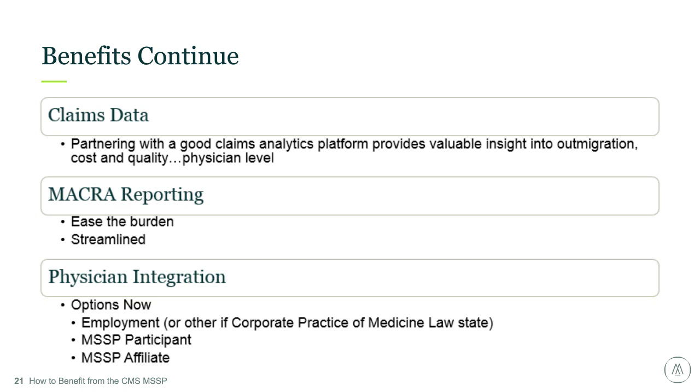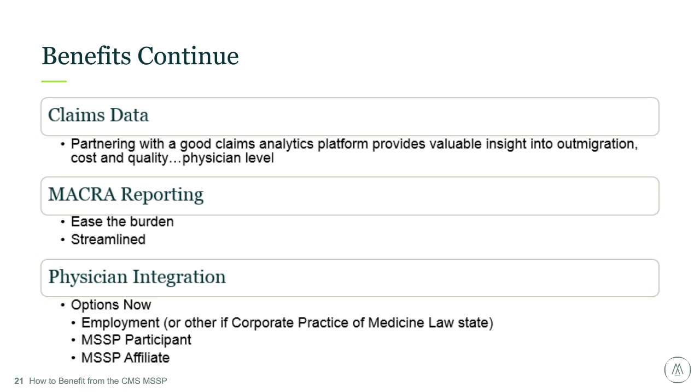Macro reporting, we're just going to talk a little bit about this, because one of the benefits we have seen, and the physician organizations are really quite excited about this, is that it helps to ease the burden of quality reporting. I'll say burden again, because I think everyone has said this is such a hassle.